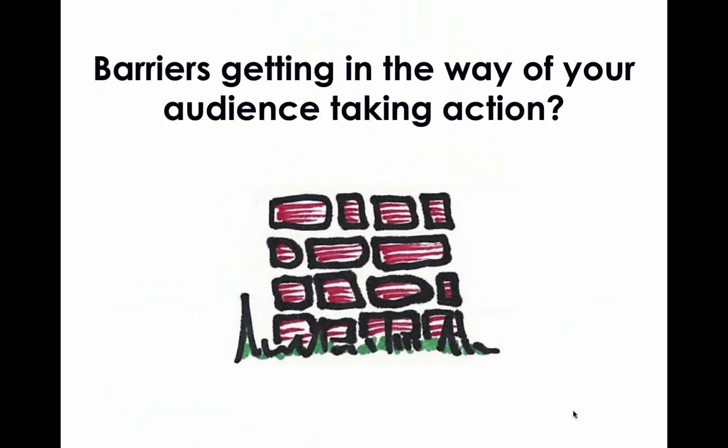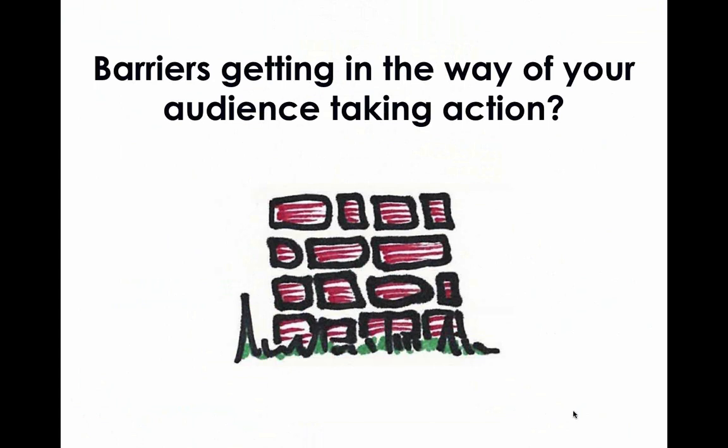If your objective involves an action, and in most cases it will, and I would probably argue that it always should, then you need to consider potential barriers that may stop or delay your audience from taking action. For example, if you ask someone to properly dispose of a car battery, but the desired disposal method is inconvenient for them, maybe it's too expensive or the facility is too far away, the schedule doesn't work with their work schedule.